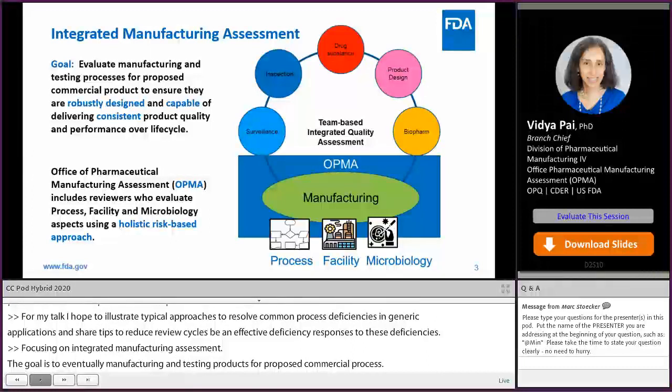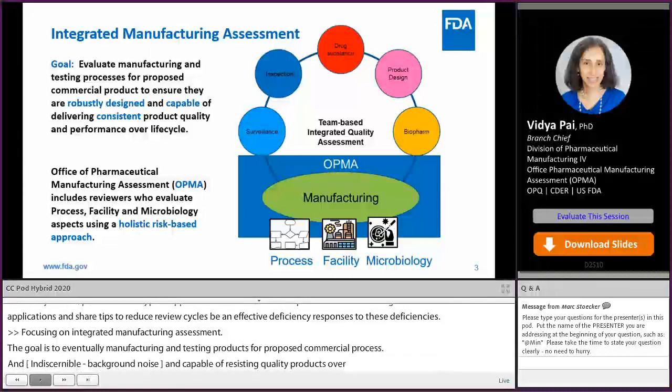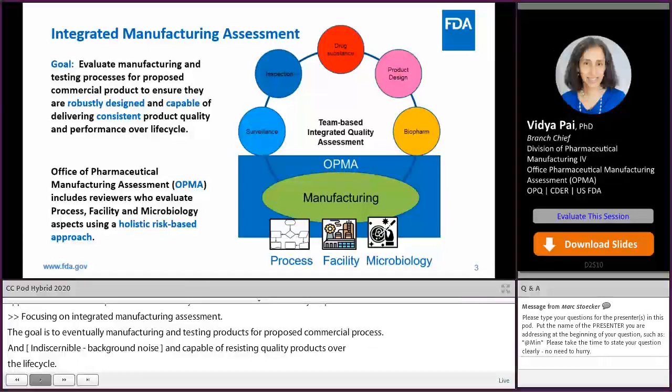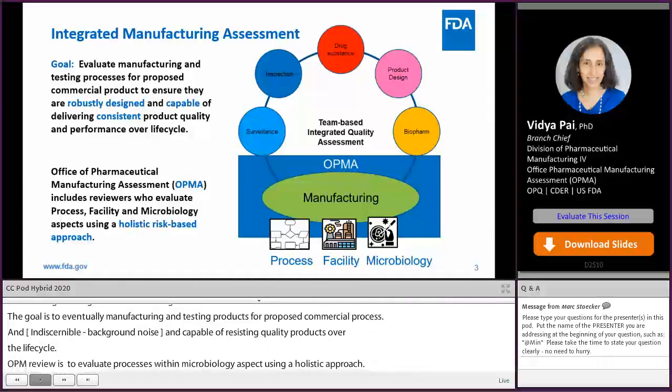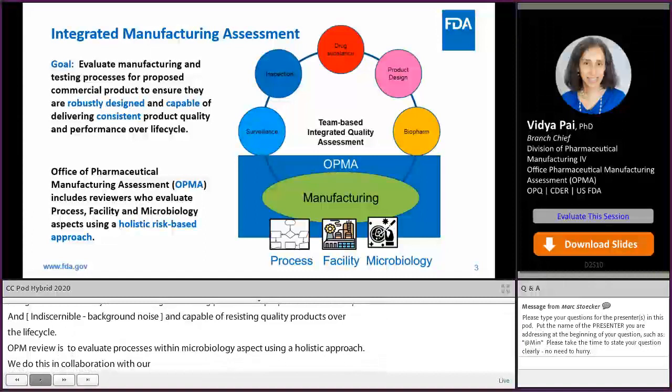My colleagues that are OPMA reviewers evaluate process, facility, and microbiology aspects using a holistic, risk-based approach. We do this in collaboration with our colleagues, DMF staff, product reviewers, biopharmacists, as well as field investigators.